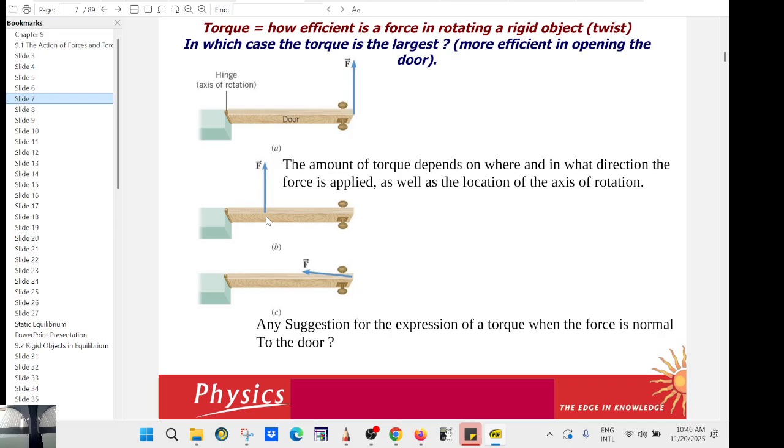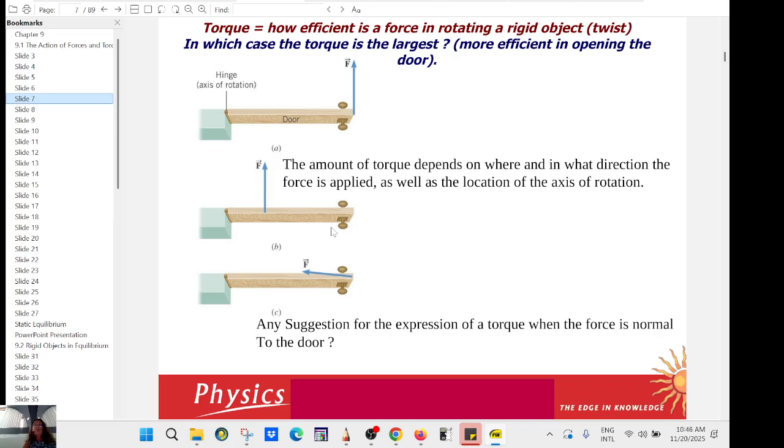Yes, right? It's like a door. If you want to open the door, there is a reason why the knob is far away from the hinge, the axis of rotation. Farther away, easier. That means more efficient. That means the torque is larger.